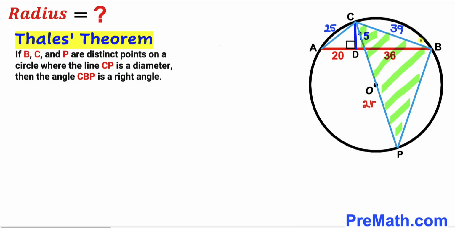We can see that all these points B, C and P lie indeed on this very same circle, and this CP is indeed a diameter. So we conclude that this angle CBP is a 90-degree angle.